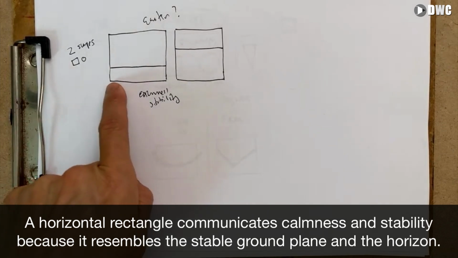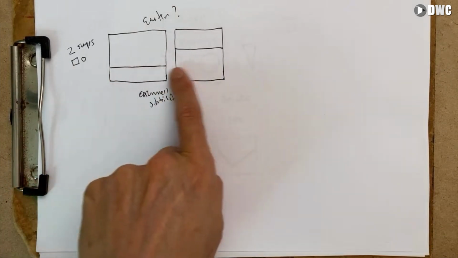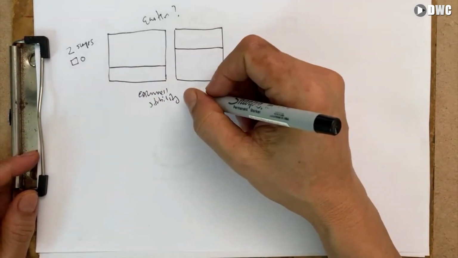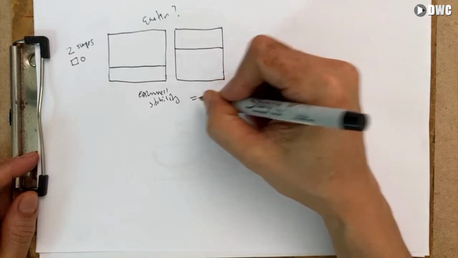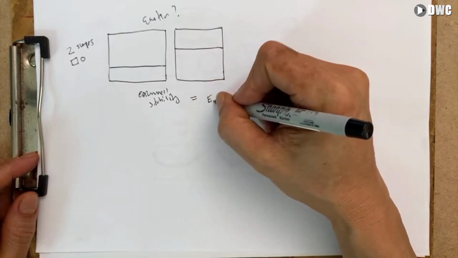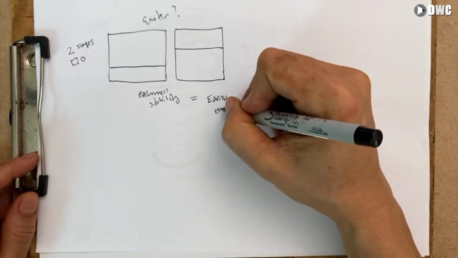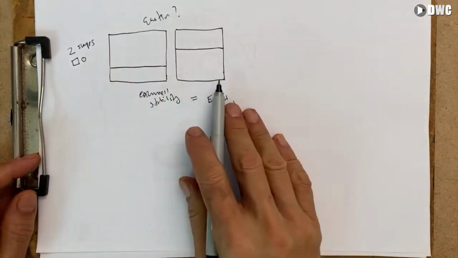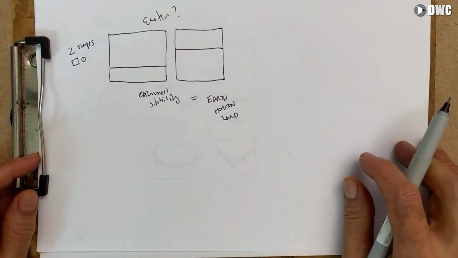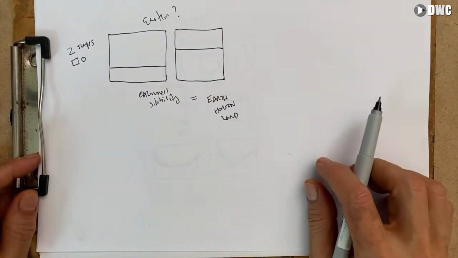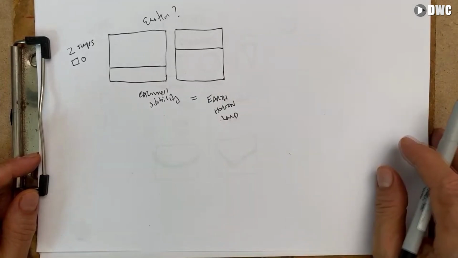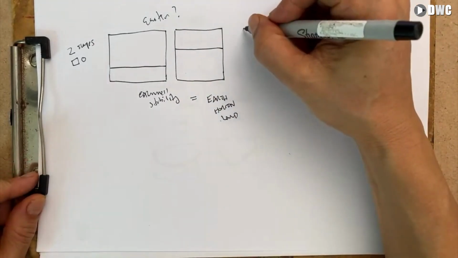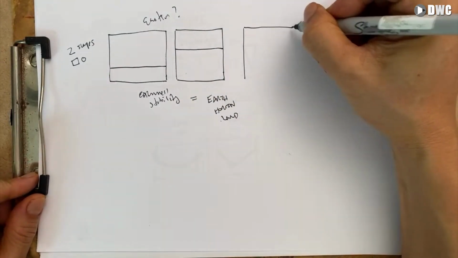Because when you put a horizontal line in a picture, the first thing human beings think of, remember, ancestral, ancient memory, is the earth, the horizon, land. So we know that land is stable, that's our friend. Land is our home. Land is good.